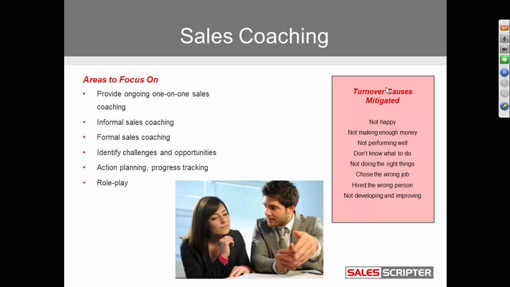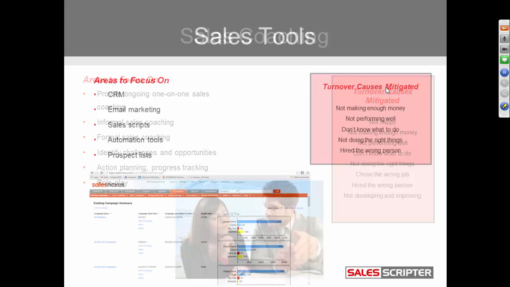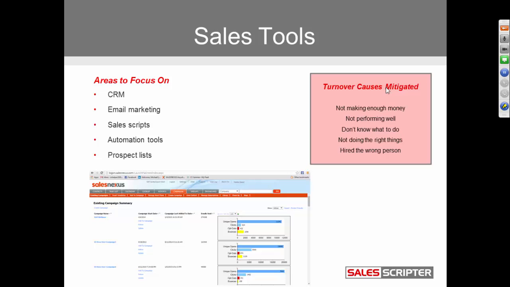So if you provide more sales coaching, you can decrease salespeople not being happy, not making enough money, not performing well, not knowing what to do, doing the wrong things, feeling like they chose the wrong job, and so on. So again, you can decrease a lot of those root causes with simply providing more coaching on an ongoing basis.